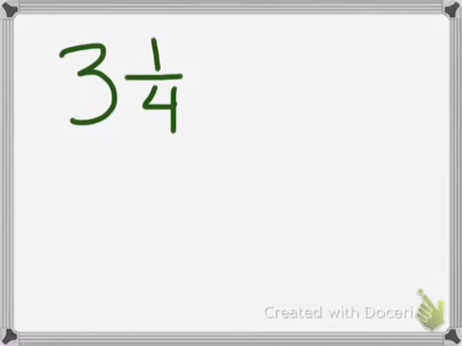If I wanted to change the mixed number 3 and 1/4 into an improper fraction, all I have to remember is I multiply the denominator and the whole number, the large number. I multiply those, and then I add the numerator. I add the top number. So if I multiply 4 times 3, and then I add one more, I'd get 13.